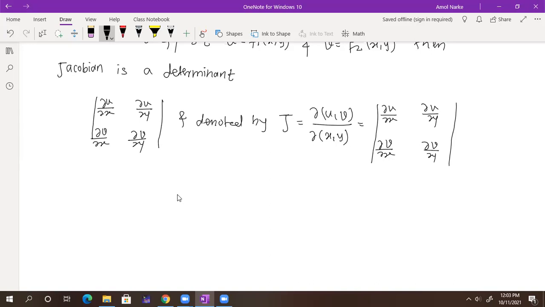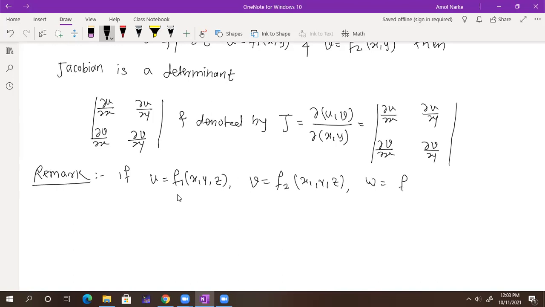So, remark. Now tell me, if u is a function f1 of x, y, z, v is a function of another function f2 of x, y, z, and also w is a function of another function of x, y, z.